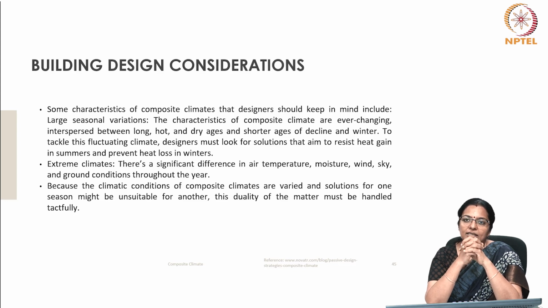The characteristics of composite climate are ever changing, interspersed between long, hot, and dry ages and shorter ages of decline and winter. To tackle this fluctuating climate, designers must look for solutions that aim to resist heat gain in summers and prevent heat loss in winters.